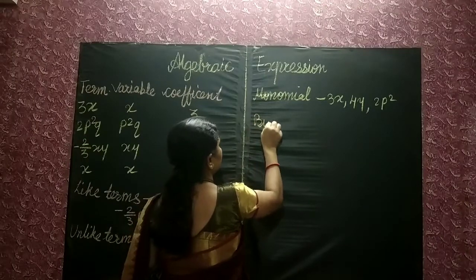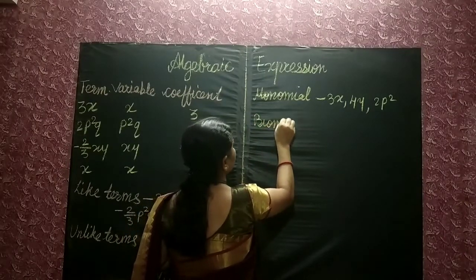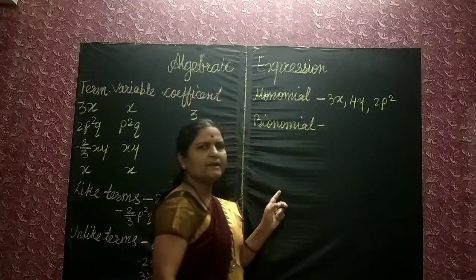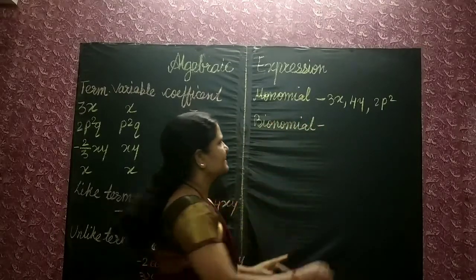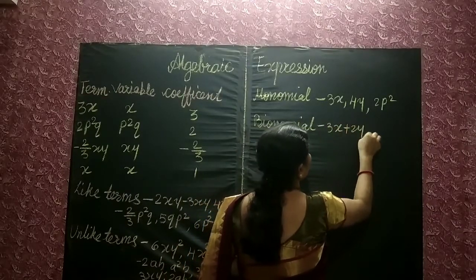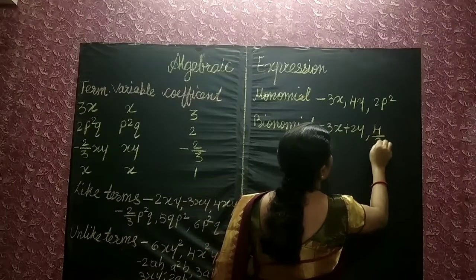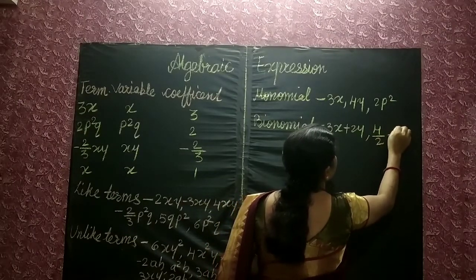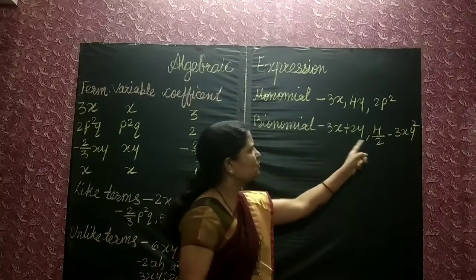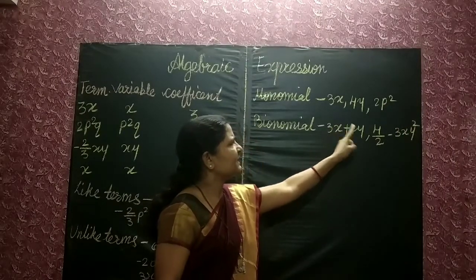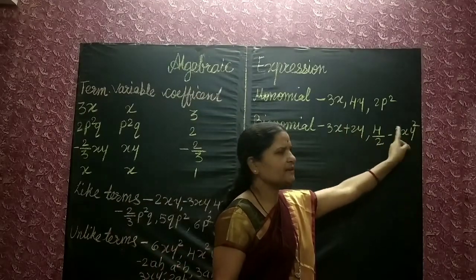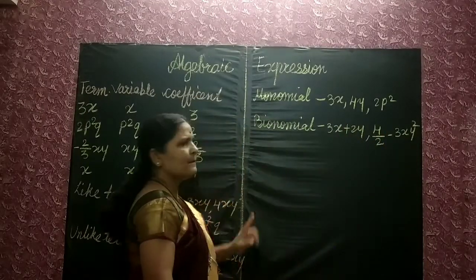Binomial means having 2 terms: 3x plus 2y, or 4 upon 2 minus 3xy square. Here this is one term, this is another term. 2 terms are there, so it is called a binomial.